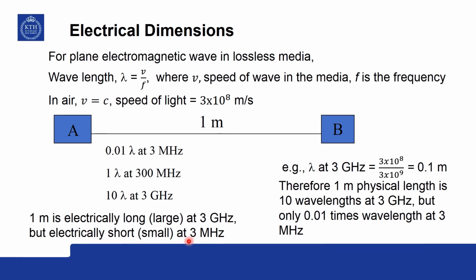Whereas at 3 megahertz, it is covering only a portion of a wavelength, so it will be electrically short. The same distance, the same cable, will be electrically short or electrically small at 3 megahertz and electrically large at 3 gigahertz. These concepts we will be using very often.